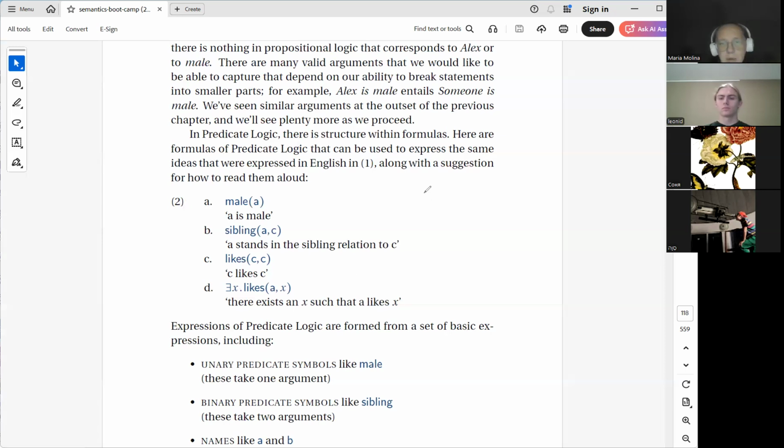Then we can use, help me, what do we call it? This one and this one. One is existential, and the second one is universal, right?